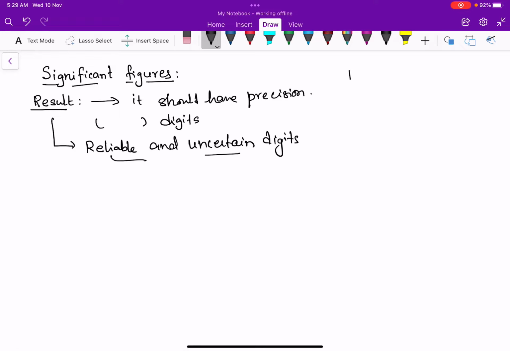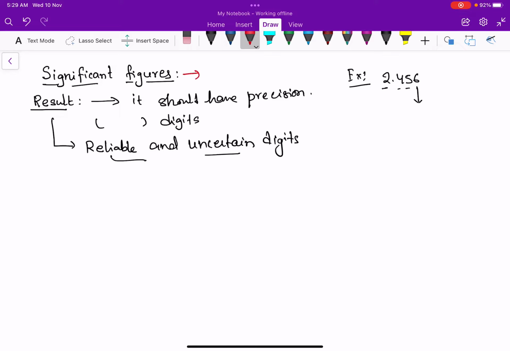Let us say, for example, an answer may be reported as 2.5456. So 2, 5, 4, 5 are reliable and 6 might be uncertain. Digits that are reliable plus uncertain are known as significant figures.